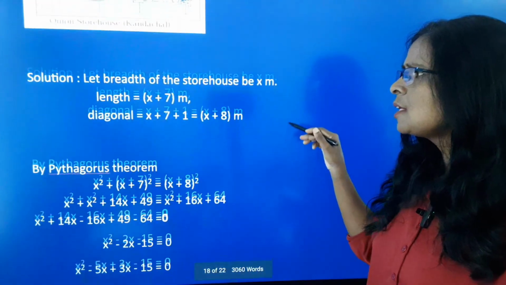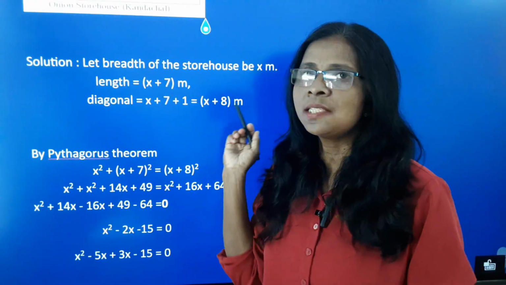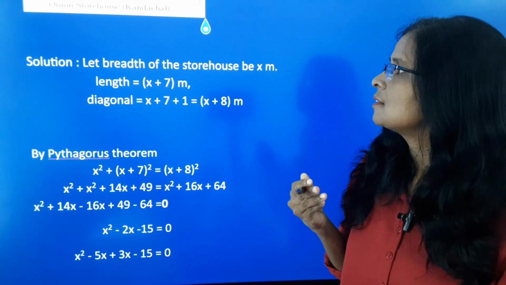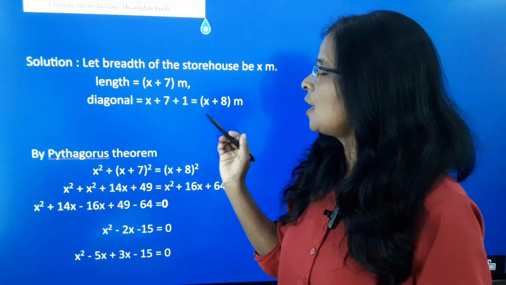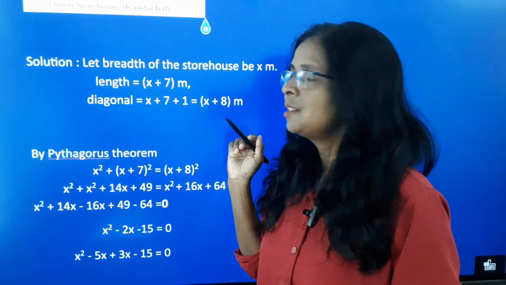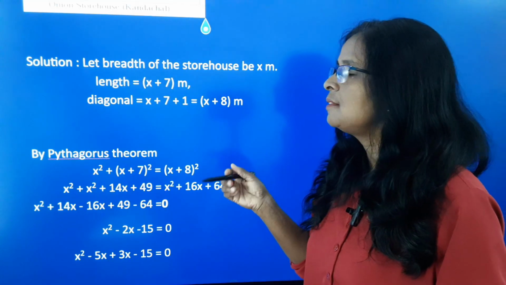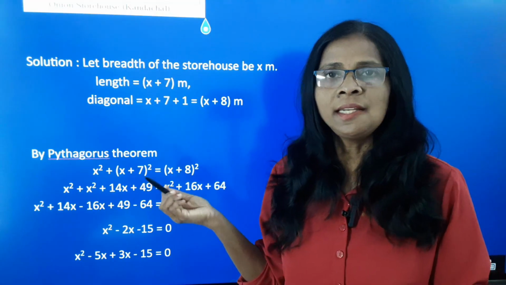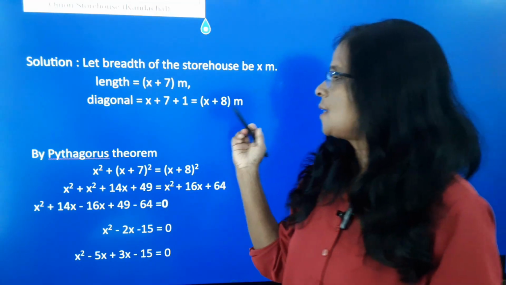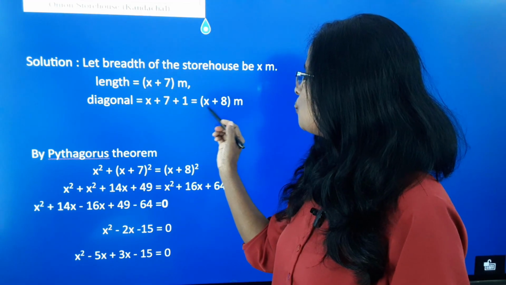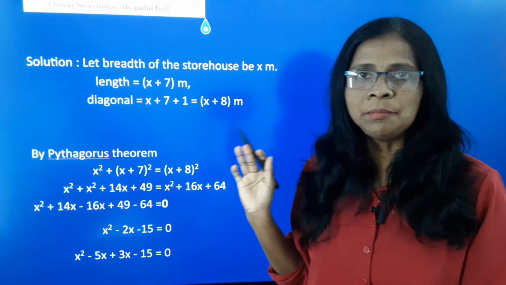Then the length becomes x plus 7, because length is greater than the breadth. Then the diagonal will be greater than the length by 1. So as per this condition, the diagonal will be x plus 7 plus 1, so x plus 8 meters.